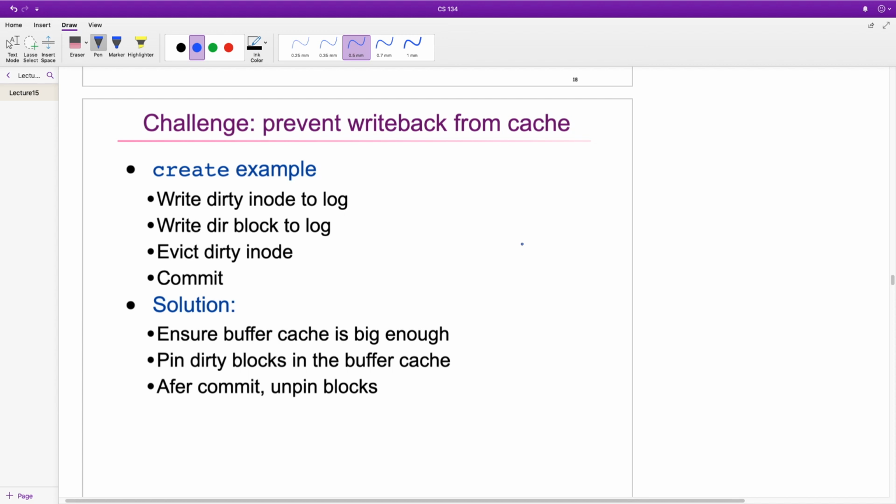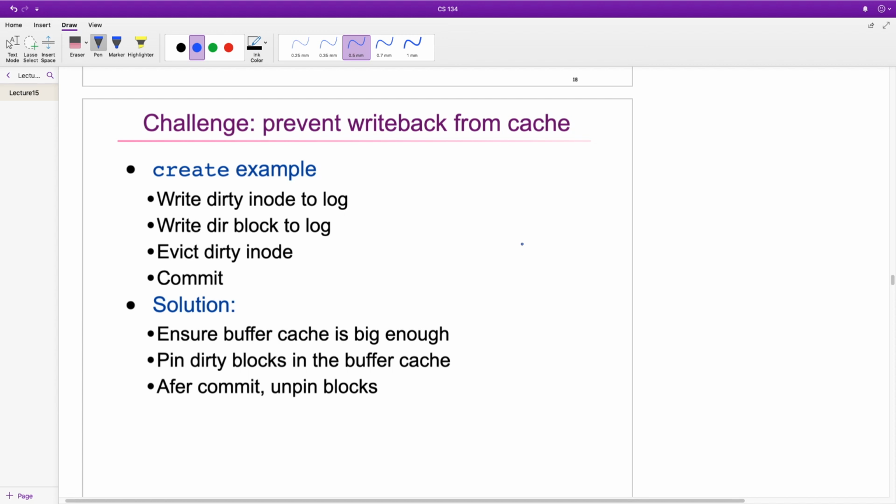Part of what that means is the cache has to be big enough. If the cache were too small, we wouldn't be able to hold this in memory and do everything we need to do. So the cache needs to be big enough to hold all of the blocks that a transaction might need. So what's the system call that would write to the most number of blocks?